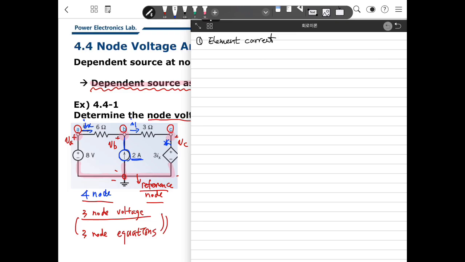So Ix, the current going through here, is (VA minus VB)/6, because my direction of Ix is here, so that will be the plus and minus. So VA minus VB. And I1 will be the current in this way. This is VB, and because of the direction here, plus is VB and minus is VC. So VB minus VC.